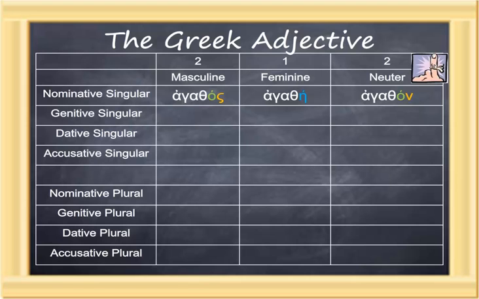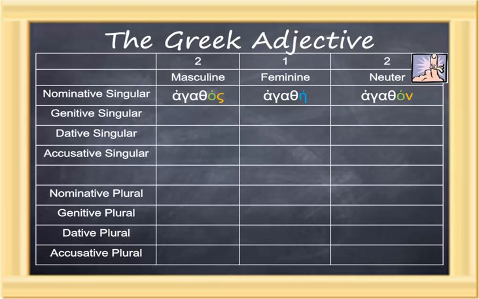A Greek adjective, unlike a Greek noun, inflects in all three declensions, because an adjective may have to agree with a masculine noun, a feminine noun, and/or a neuter noun.